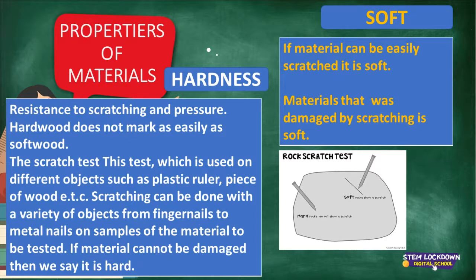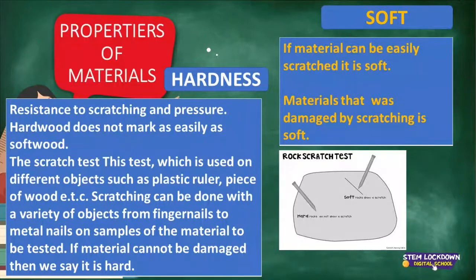So, the scratch test. In this test, there are different objects such as a plastic ruler and a piece of wood. Scratching can be done with a variety of objects, from fingernails to metal nails, on samples of the materials to be tested.